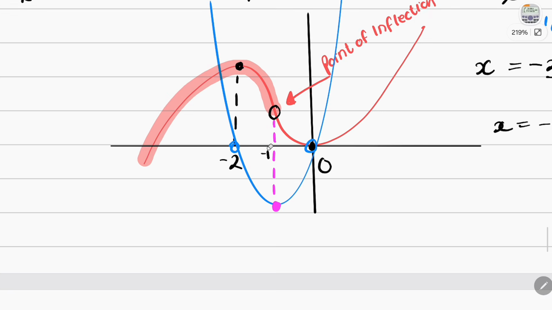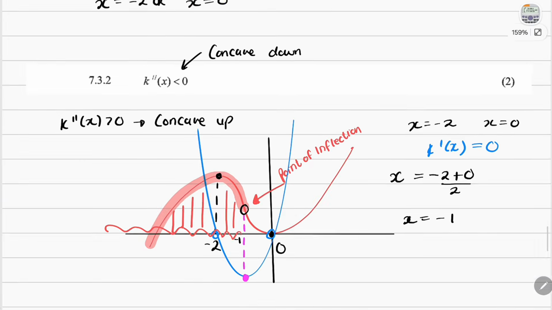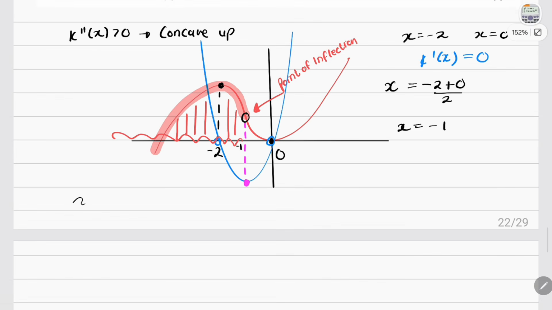If you know this is -1, look at all the highlighted places. If you line all of these down to the x-axis, it's speaking about all these values that are less than -1, to the left side of -1. And so finally our answer is x is less than -1.